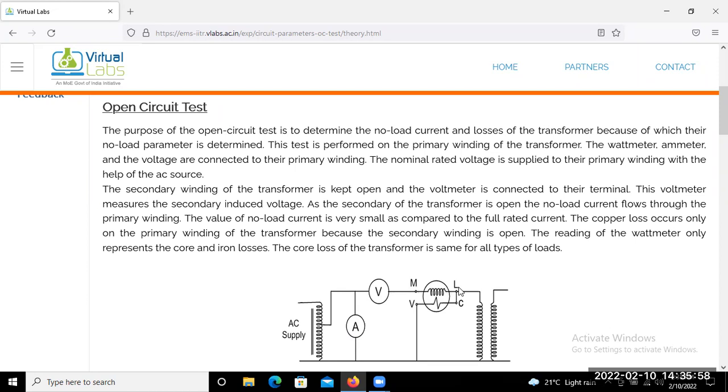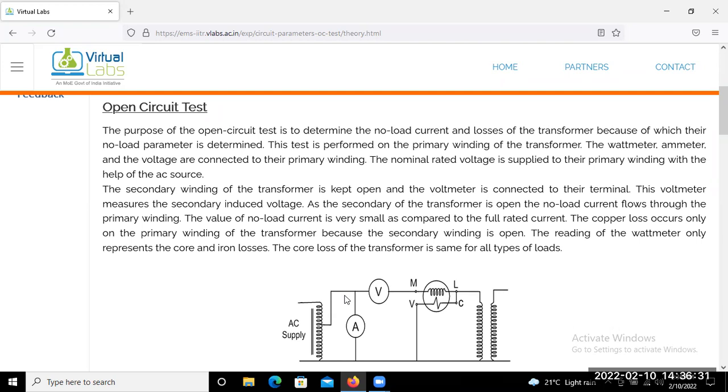If anyone has a problem, next, with the help of calculation also, which parameter can we find out? So this is all about the no load losses, and which parameter can we find out with the help of this open circuit test? At this instant, you will find the no load current supply given to the load. Whatever current is drawn from the supply is known as the exciting current.